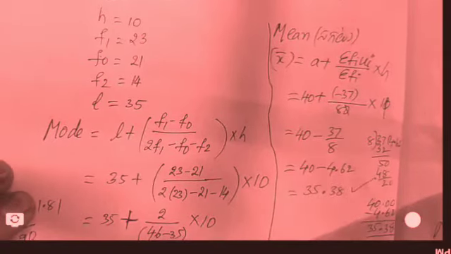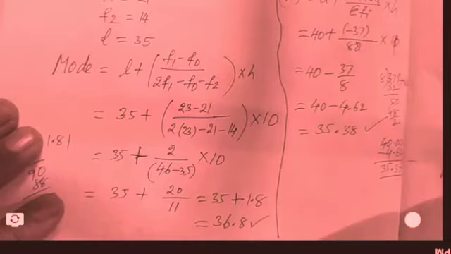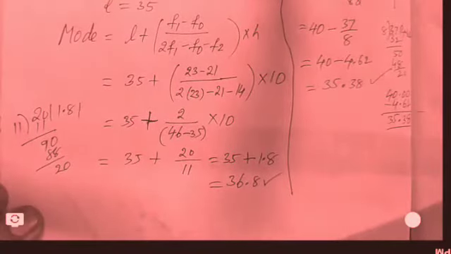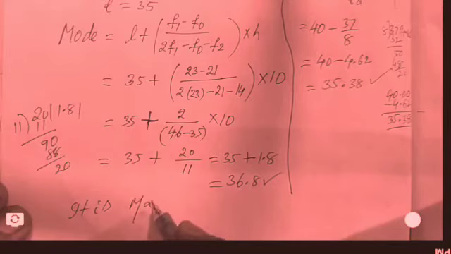So 35.38 is the mean and 36.8 is the mode. Nearly they are close. According to the problem, what is 36.8?